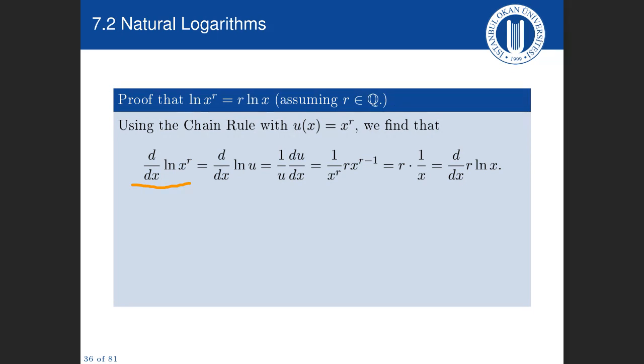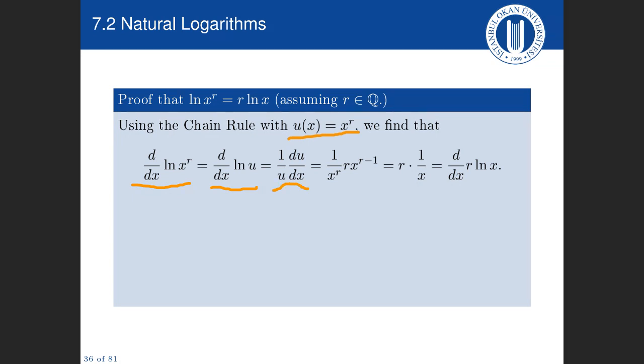I'm going to do the substitution u is equal to x to the power r. So I have d dx of ln u. By the chain rule, that's d du of ln u multiplied by du dx, but the derivative of ln u is 1 over u. So it's 1 over u du dx.